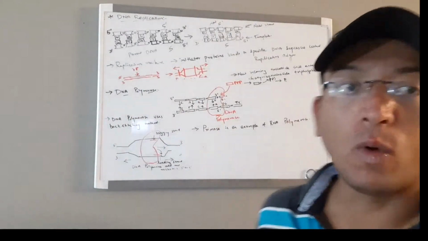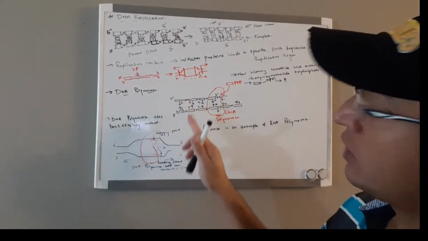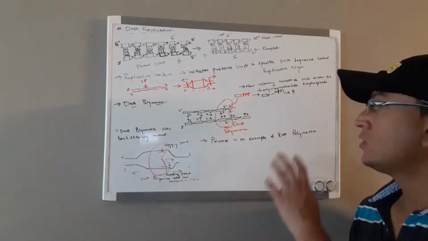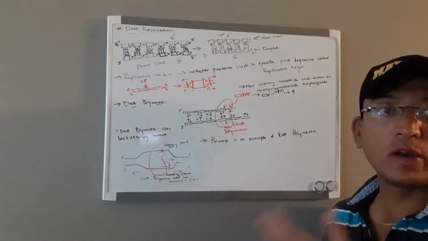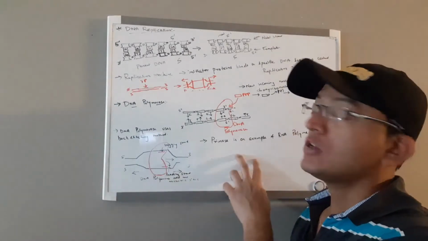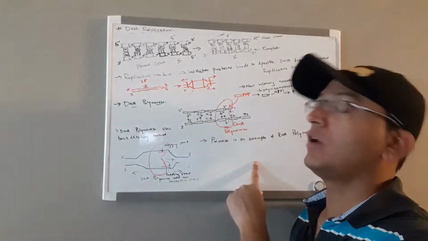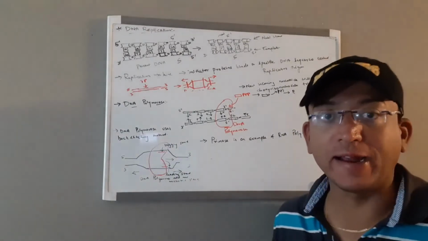Right, so why is RNA used as a primer for the replication of DNA? RNA is ribonucleic acid, right? DNA is deoxyribose nucleic acid. The difference between DNA and RNA is the sugar, and there is a base difference as well. We'll discuss that as well.